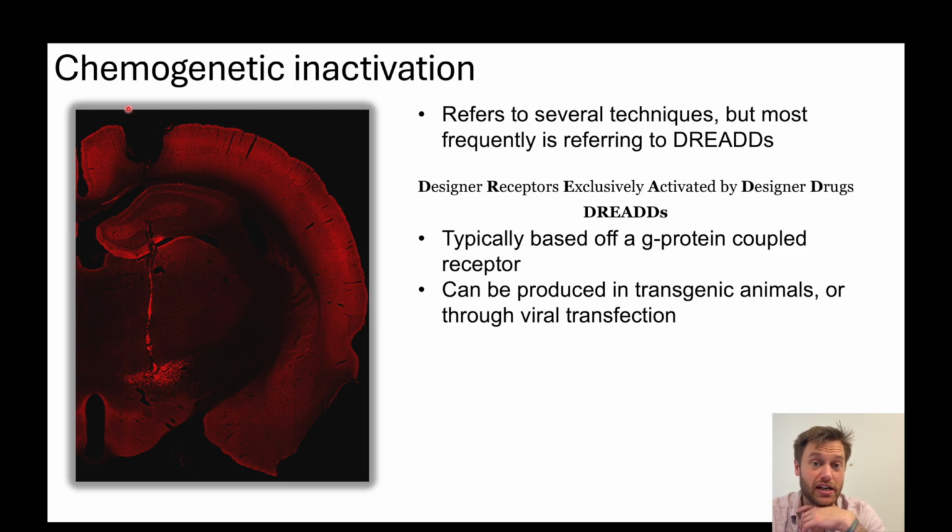So chemogenetic inactivation is referring, more often than not, to something called DREADDs. Chemogenetic does not need to mean DREADDs, but it very frequently does in behavioral neuroscience. So in the context of this class, chemogenetic and DREADD is basically synonymous.